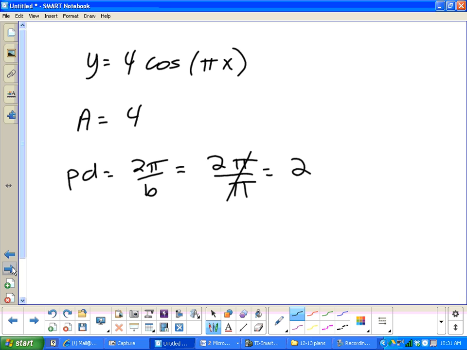Yes, still going to do it in radians, okay? But what's going to happen is this. All right, listen to this so you can kind of get a big picture of what happens. If your coefficient is in terms of pi, that means your period will not be in terms of pi. Okay? You don't have to change anything to degrees. You don't have to change anything. Okay?